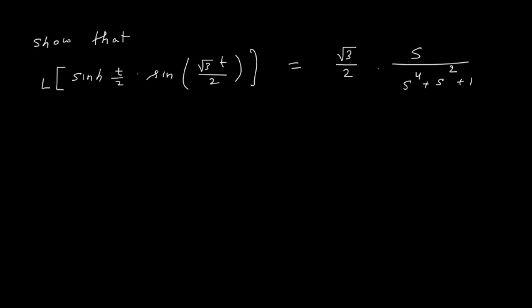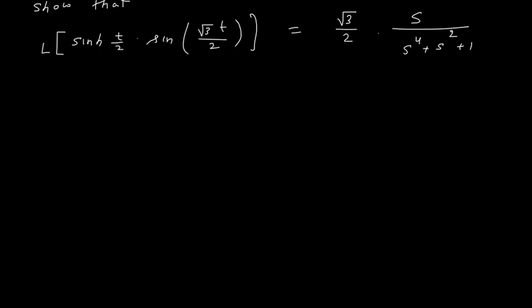You can try these problems yourself. The solution is given. You have to just write the steps to arrive at this solution. Now again, this sine hyperbolic at can be converted in terms of e power t by 2.